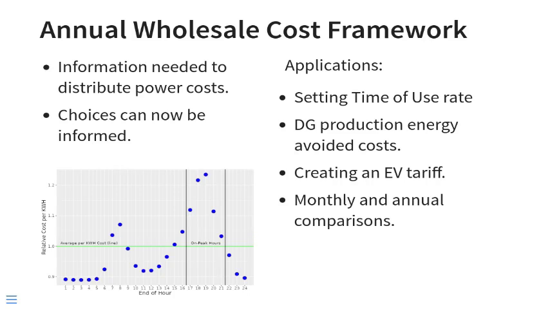You can probably think of others, but the applications I'm thinking of is perhaps you're looking at time of use rates, DG production and avoided costs. Maybe you're looking at creating an EV tariff, or perhaps you just want to compare monthly and annual profiles so that you can understand how changes you have made actually have had an effect.